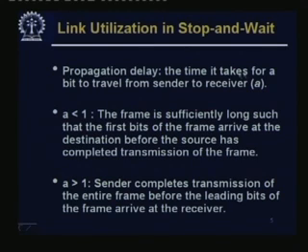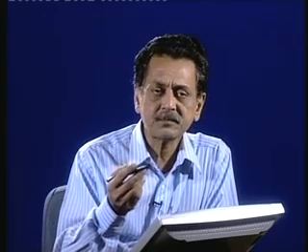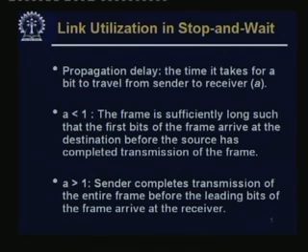This is the time it takes for a bit to travel from the sender to the receiver. There will always be a finite propagation delay, depending on how long the channel is, the distance, the speed at which the signal travels, etc. It is the time it takes for any bit to move from the source to the destination. Let us call this a.